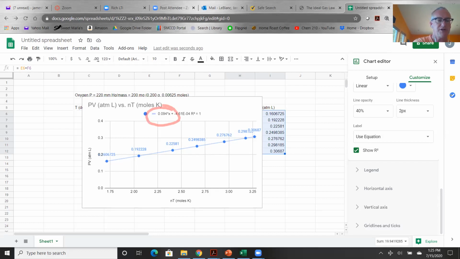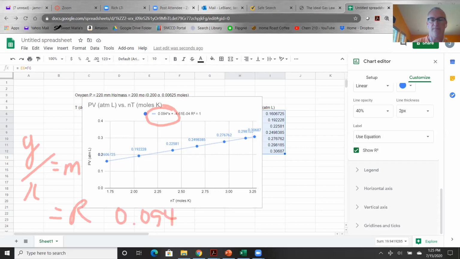So that tells me the relationship between Y and X, which is the slope, which is R, is 0.094. And we were hoping for 0.82, right? That's sort of what we were shooting for. So it's a little off.